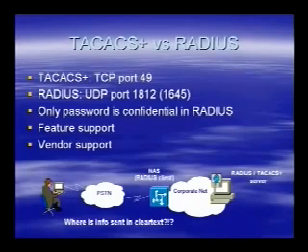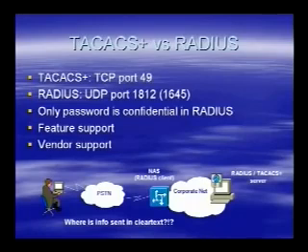So as a comparison, TACACS Plus uses TCP, so it uses a more reliable transport. Radius uses UDP, and it's supposed to use UDP port 1812. Some older versions use the other port, 1645, just an FYI.